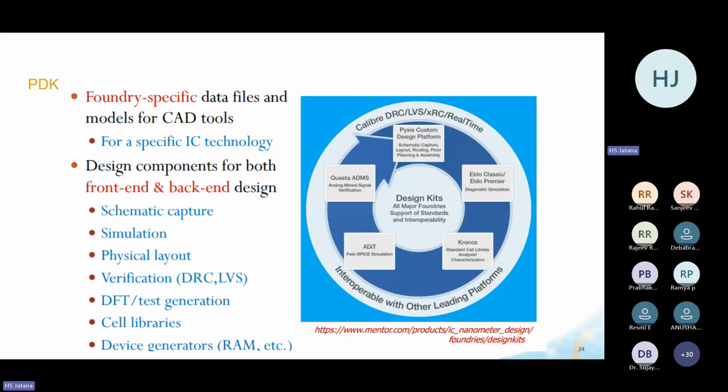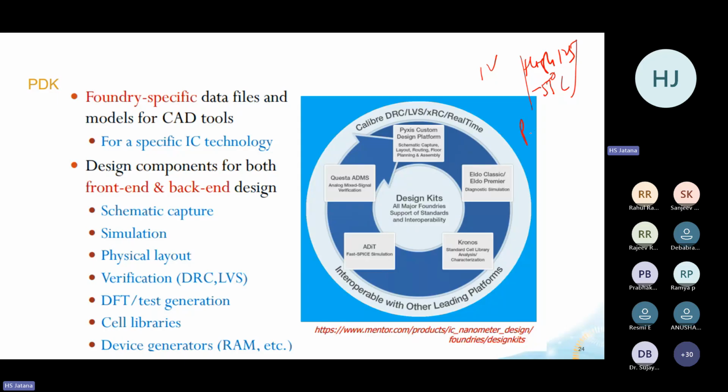It also includes the parameters, the IV characteristics at room temperature, and how those characteristics vary at high temperature, 125 degrees, and low temperature, -55 degrees.